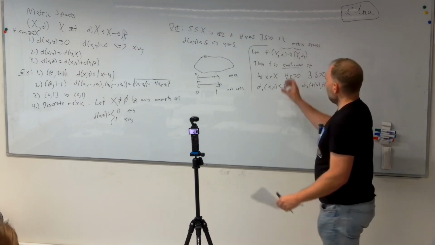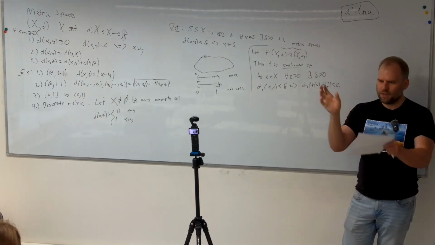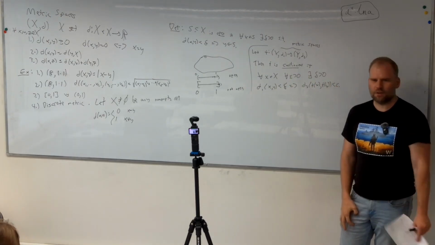So if you want your function to vary by no more than epsilon, there's a way to guarantee that. There's some delta where if you're delta close, this is guaranteed.